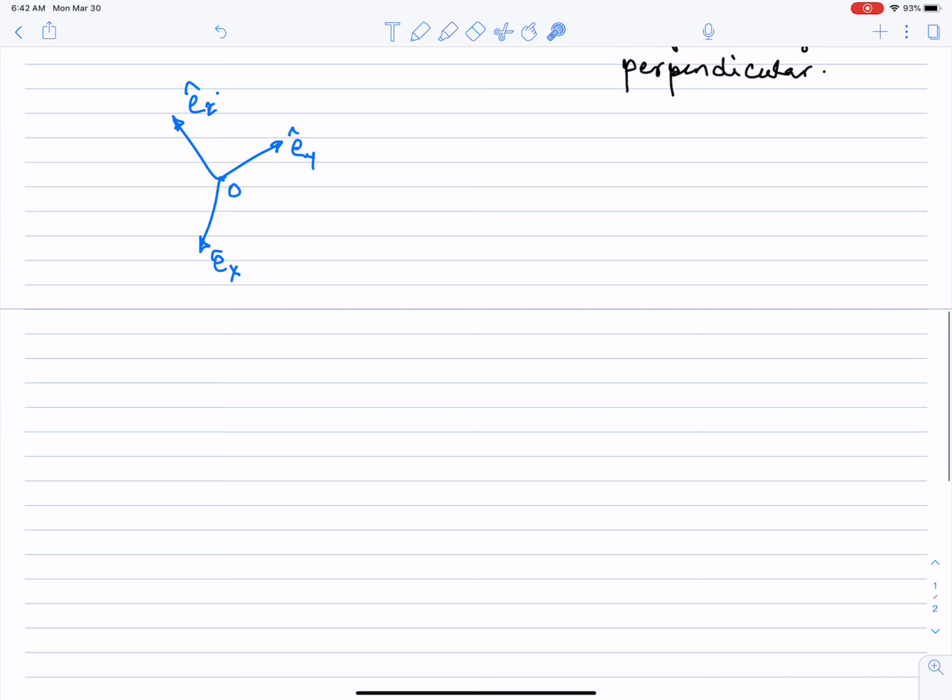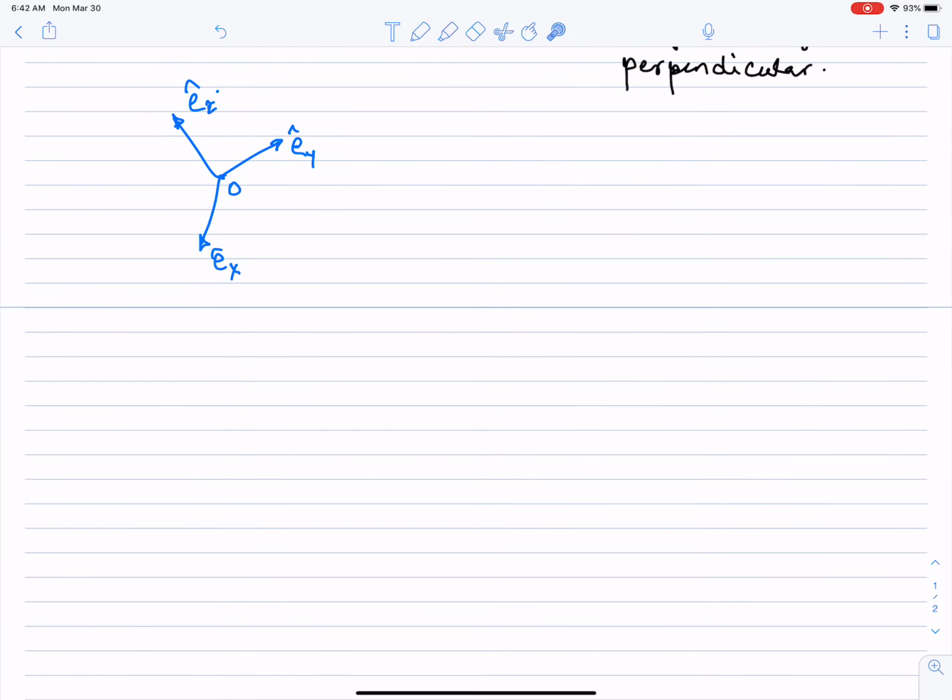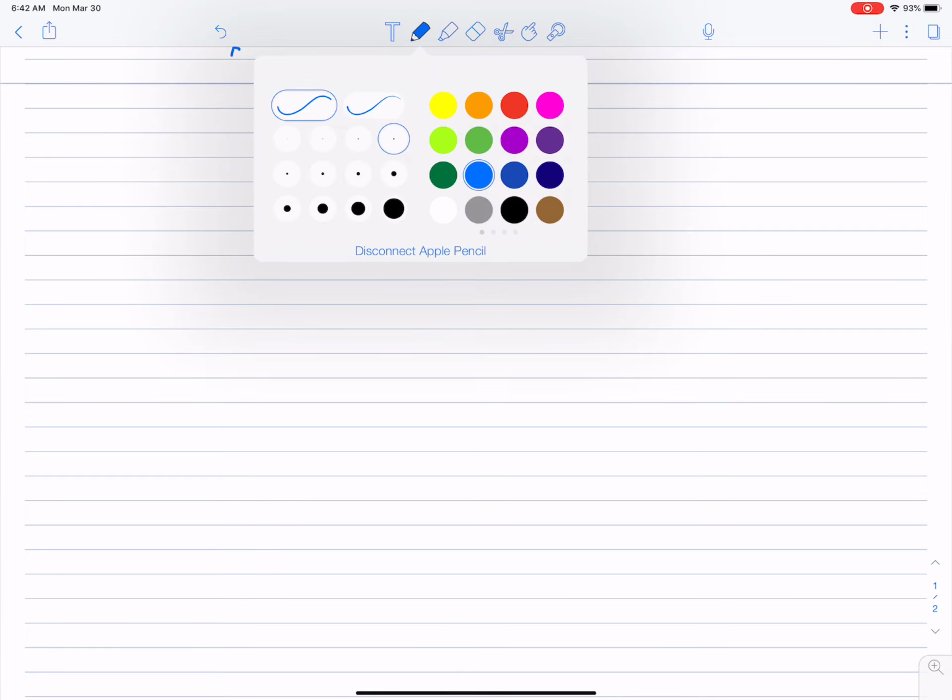Now here we've labeled the three axes EX, EY, EZ for XYZ axes, and then the origin O. Very often in dynamics problems, we will have lots of reference frames, perhaps because we'll have lots of rigid bodies and you have body fixed reference frames attached to each of those rigid bodies.